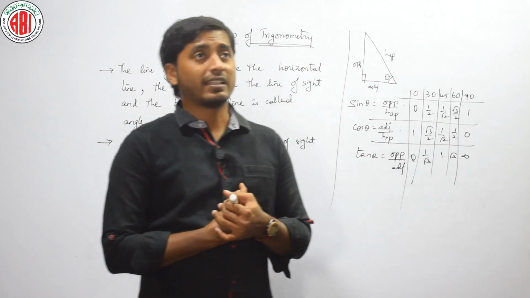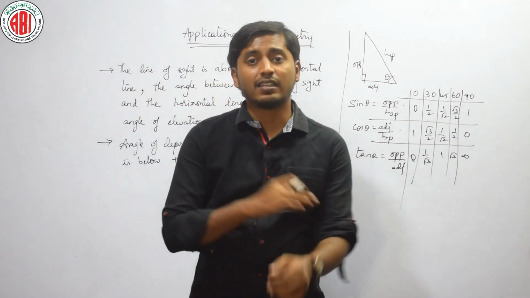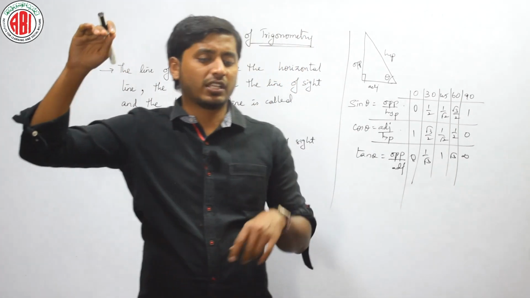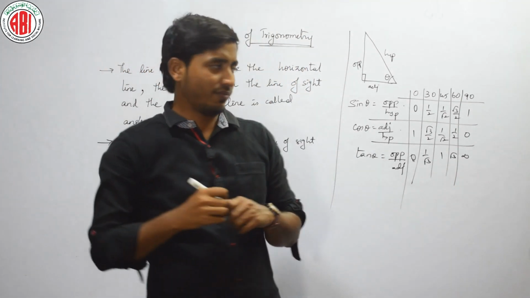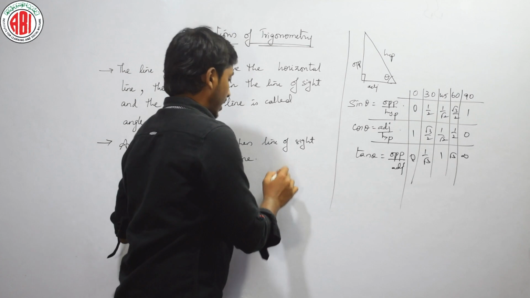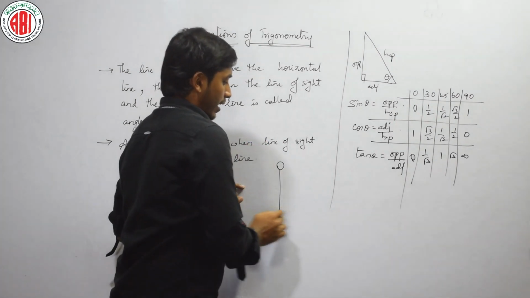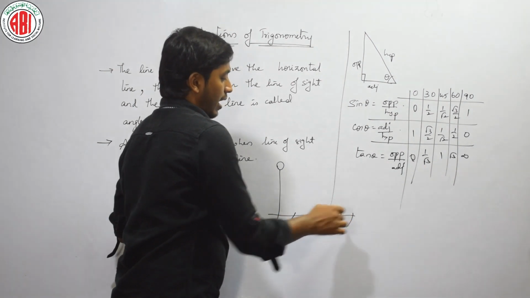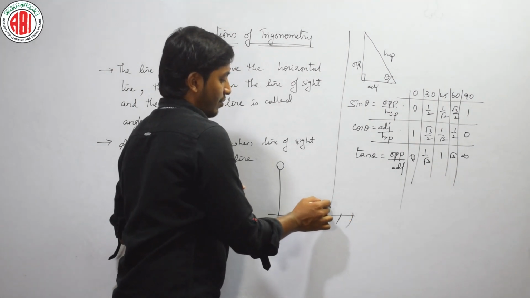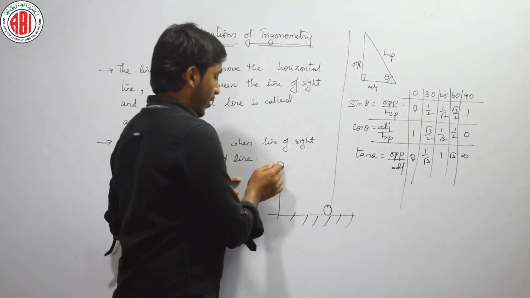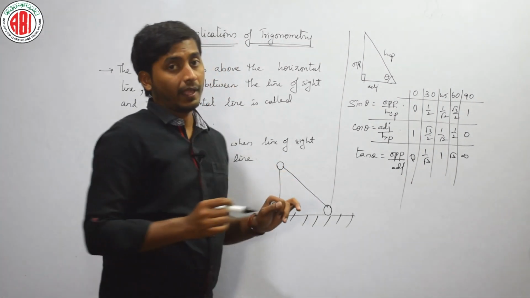For example, if I am a person standing on some building, then I am looking at some object which is at the bottom. See here, if this is a building, and I am standing here on the ground, I am looking at some object, let us assume some ball kind of thing, right. I have to look at this point, okay.